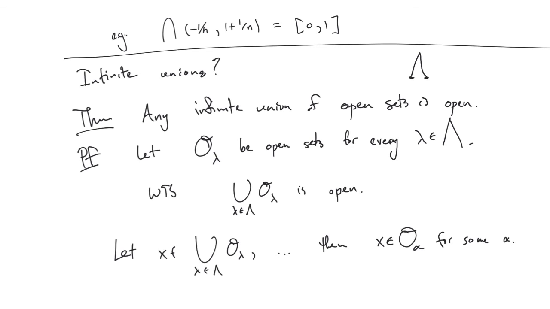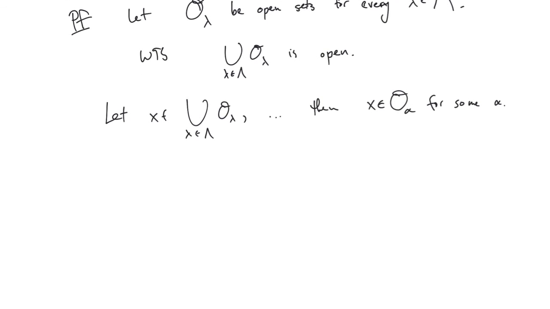So since x is in the big union, it must be in one of those sets, just one of them. In the previous case, it was either A or B. Here, there are maybe infinitely many different choices, but it's got to be in one of them. So I said, let x be in O sub alpha. I decided to keep it with the Greeks down in the subscripts, but you could call it whatever you want.